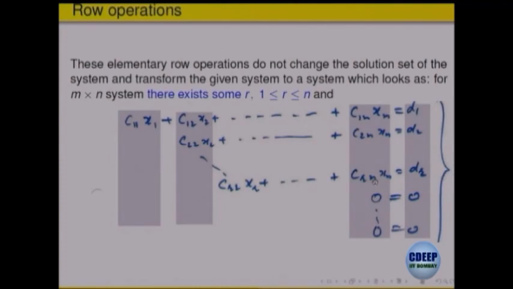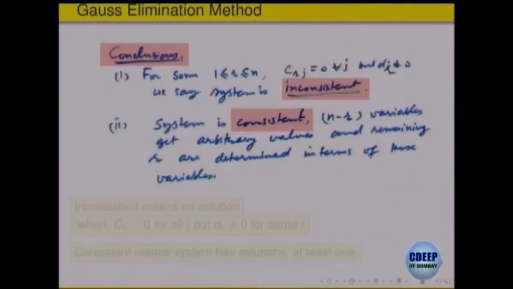We can solve for one of the variables in terms of the other variables using this equation. We can give the remaining variables arbitrary values and find the value of one variable. That is what it says: n minus r variables get arbitrary values, and the remaining r can be determined in terms of these variables by backward substitution.